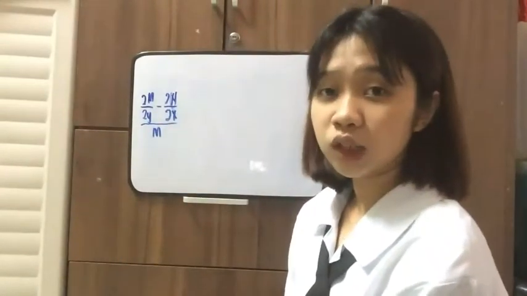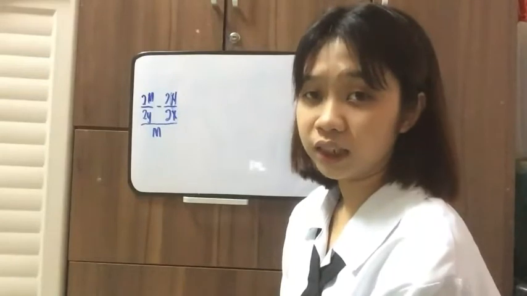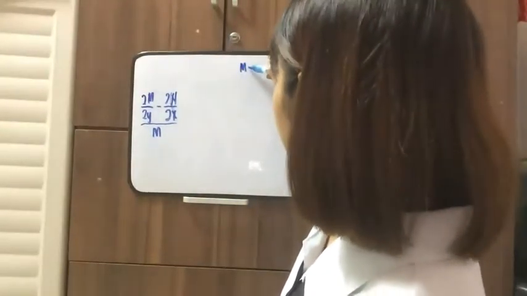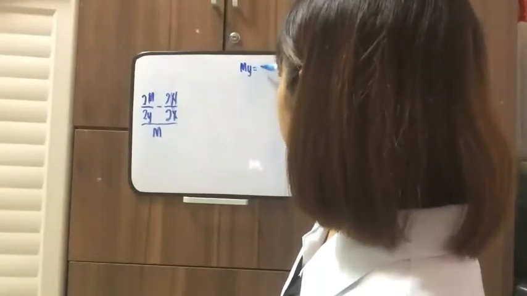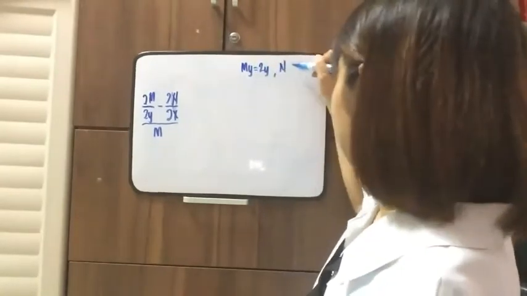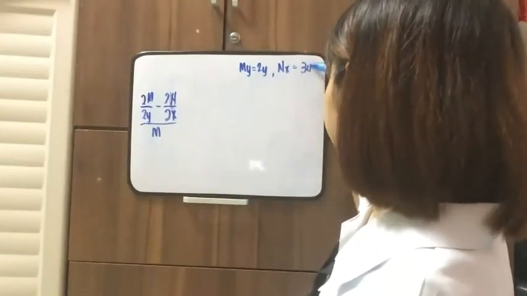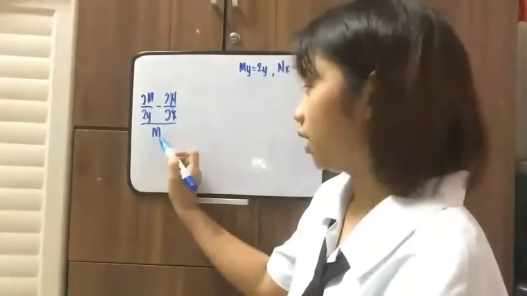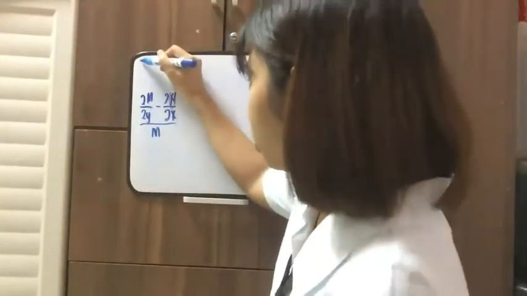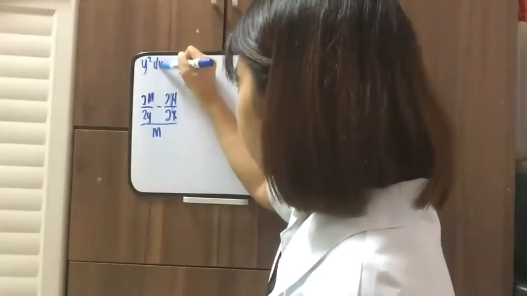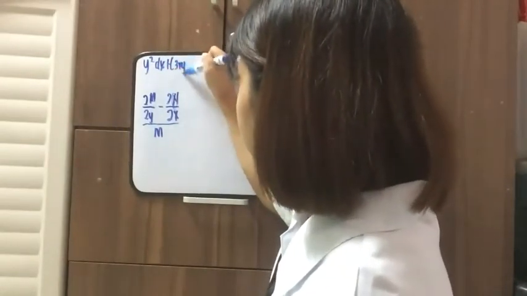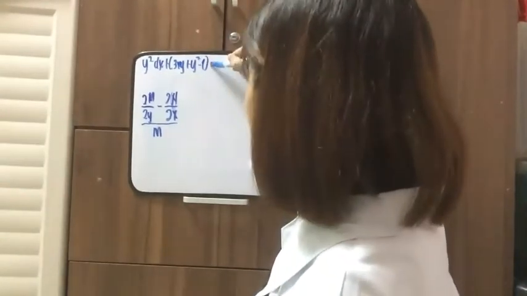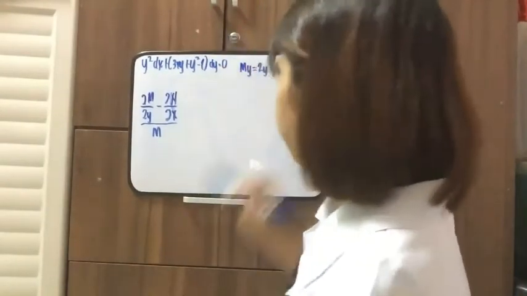So, let us put what we solved for M and N. For M, we have 2y, and for N, we have 3y. Let us also put the original equation as the basis for M. Our original equation is y squared dx plus the quantity 3xy plus y squared minus 1 dy equals 0.